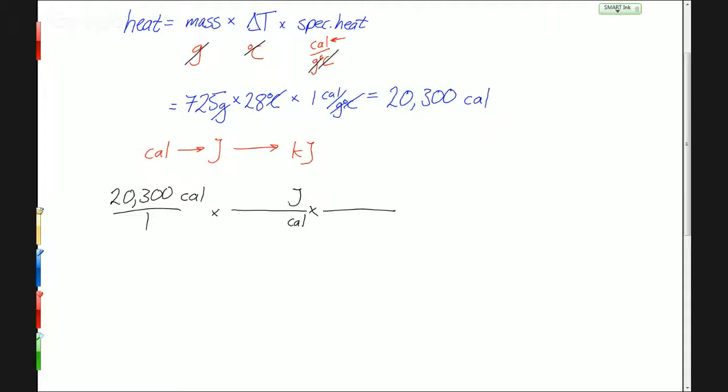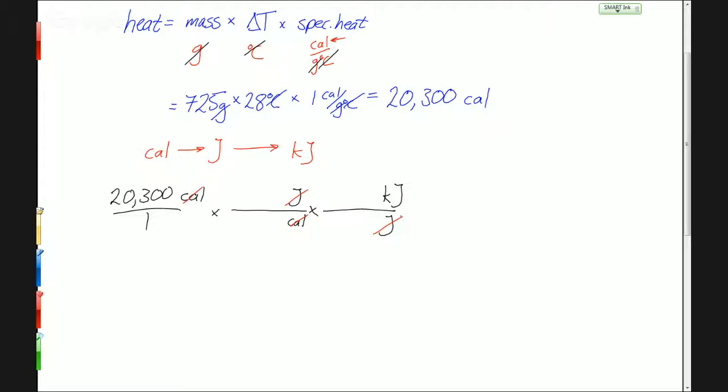Go calories to joules. That means calories goes to the bottom and joules on top. That allows calories to cancel with calories. And then we're going to go from joules to kilojoules. And that will allow the joules to cancel. And then our final answer will be in kilojoules.